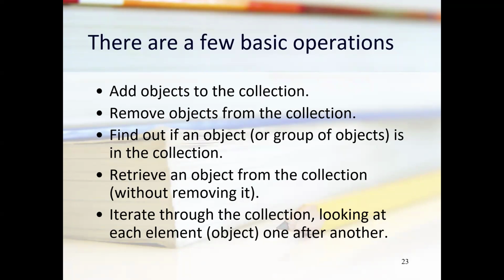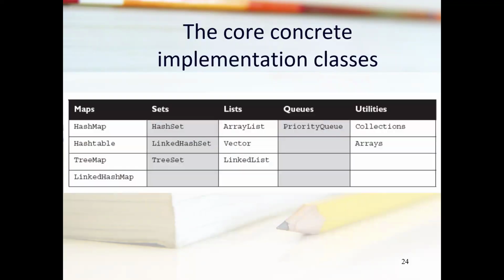You can add an object to the collection, remove objects from the collection, search for a specific object, retrieve it, and loop through the collection. These are the basic operations available. The main core concrete implementation classes, as I said, are map, set, list, and queues, along with some defined collection interfaces and arrays.